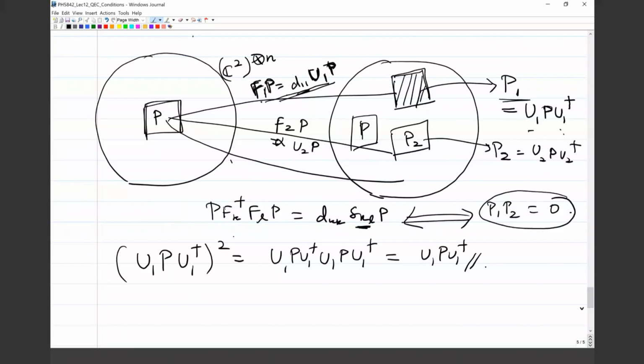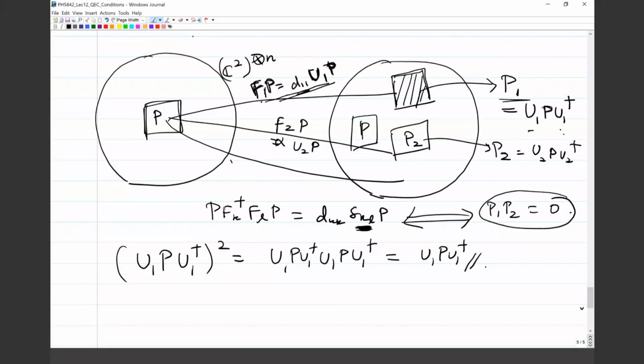So when I have F1 dagger F2, that becomes like U1 P U1 dagger U2 P U2 dagger. But that's like P1 P2, and that becomes 0 since 1 is not equal to 2. So whenever k is not equal to l, there's a delta_kl sitting here. That guarantees that these associated projections are orthogonal, and therefore I have unambiguous error detection and hence correction.